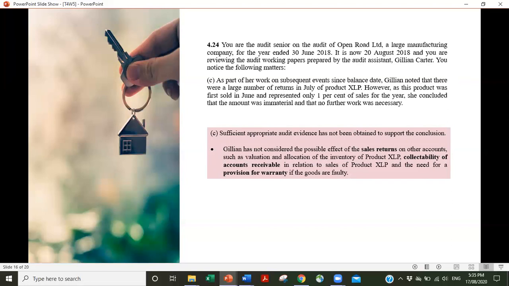If they're returned, what does that mean? That means that inventory will go up. It also means that your accounts receivable will probably be reversed and therefore reduce.